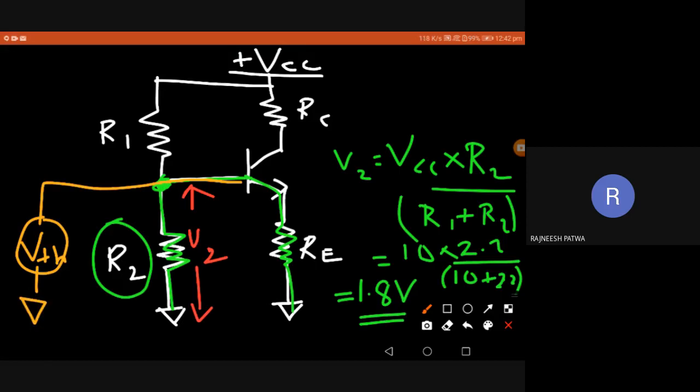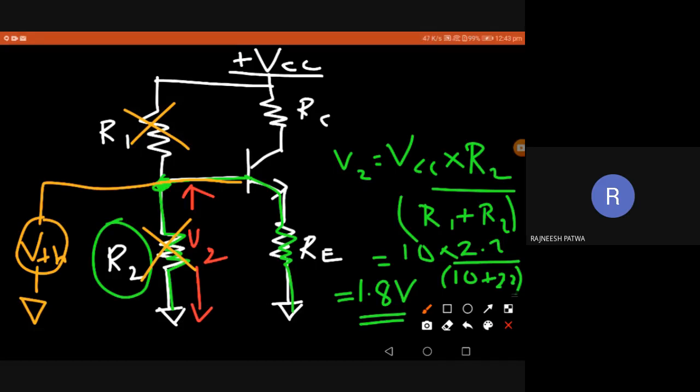VTH is the net voltage applied across the base of the transistor, after simplifying the voltage divider R1 and R2. So what I have done right now is an approximation, although it's not perfect, but for all practical purposes, I can assume this V2 as VThevenin.